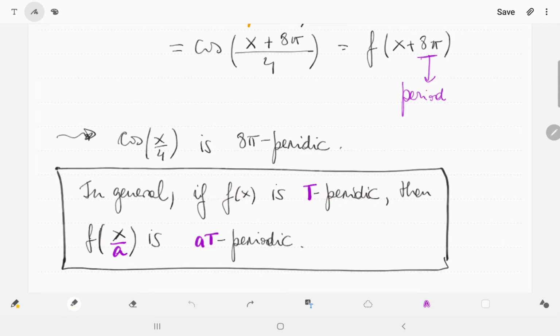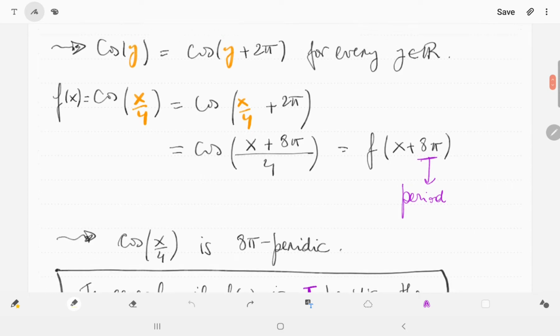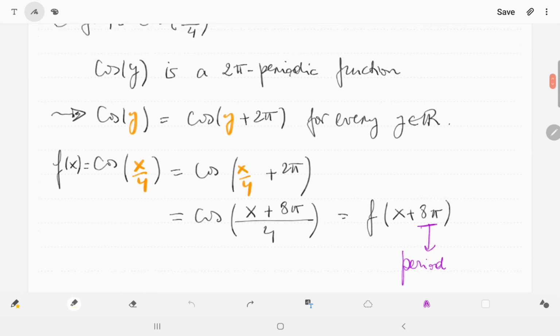In this example, our t was 2 pi and our a was 4, so 2 pi times 4 is this 8 pi here. You can use this general rule if you remember it, or each time you find a modification of cosine or sine, you can just do this computation by hand and get the period of the new function.